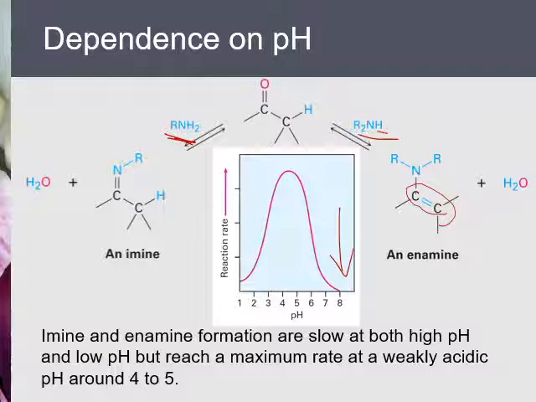If the pH is too low, then the solution becomes too acidic, then amines will be protonated. Remember, amines are bases. They will be protonated. And when amines are protonated, they cannot participate in the reaction. The best pH value is around 4.5, and that will give you the maximum reaction rate.